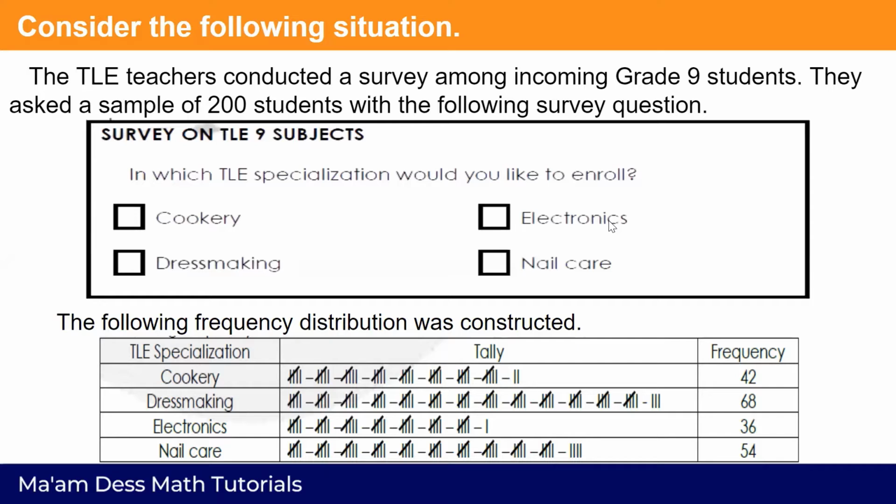Those are the 4 specializations in TLE involved in the survey. The following frequency distribution was constructed. We have the headings TLE specialization, tally, and frequency. For cookery, we have 42, dressmaking 68, electronics 36, nail care 54.